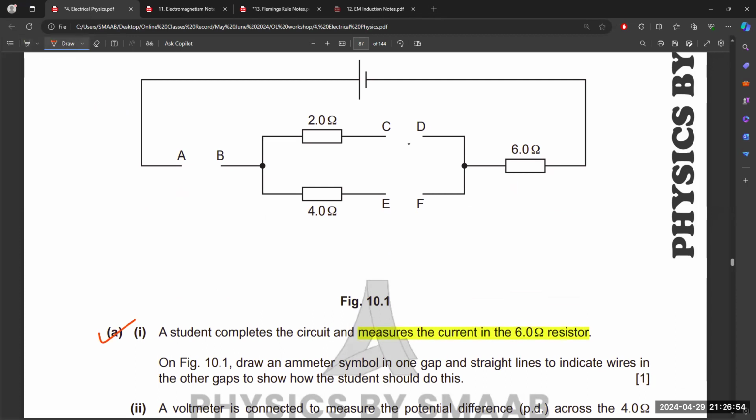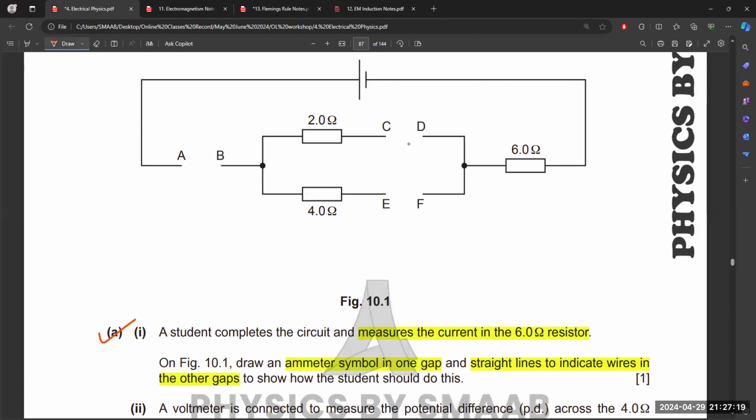On figure 10.1, draw an ammeter symbol in one gap and a straight line to indicate wire in the other gap to show how the student should do this. So in one gap you have to draw an ammeter and in the other gap you have to draw the wire.